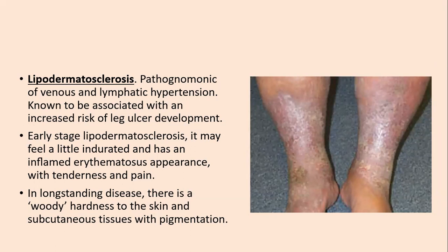In long-standing disease, there is woody hardness to the skin and subcutaneous tissue with pigmentation. So the skin of the lower leg is woody hard, indurated, tight, and gives an inverted champagne bottle appearance. This is actually because of the increase in dermal fibrosis, which results from the leukocyte migration and inflammation.